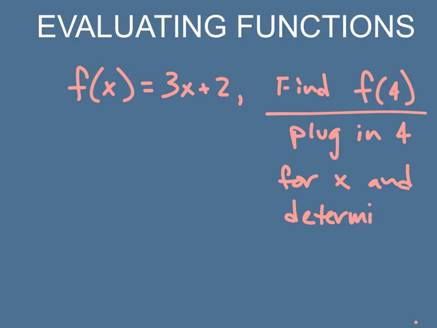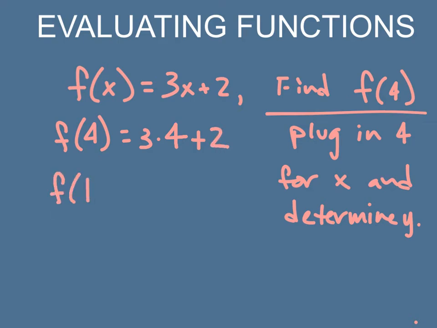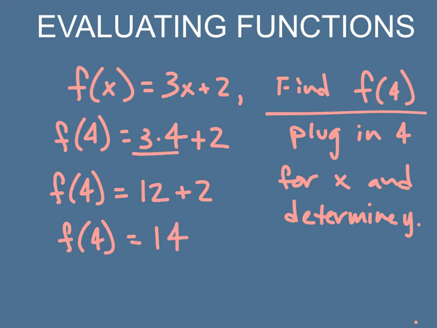So let's do that. I'm going to write f of 4 is equal to, and where I had x in my function, I'm going to replace that with the input, which is 4. So I'm going to do 3 times 4 and then plus 2. So f of 4 is equal to 3 times 4, which is 12, plus 2 gives us 14. And so this is my answer.